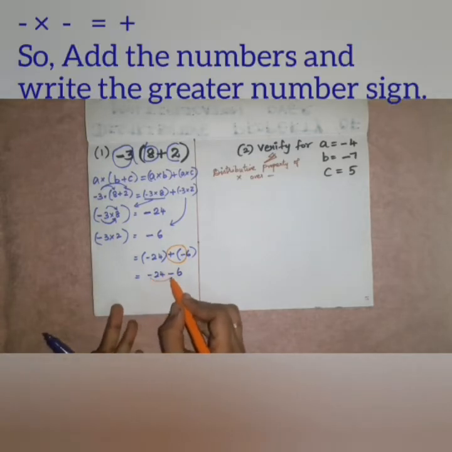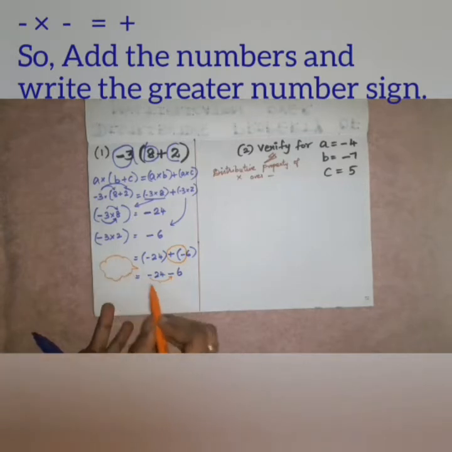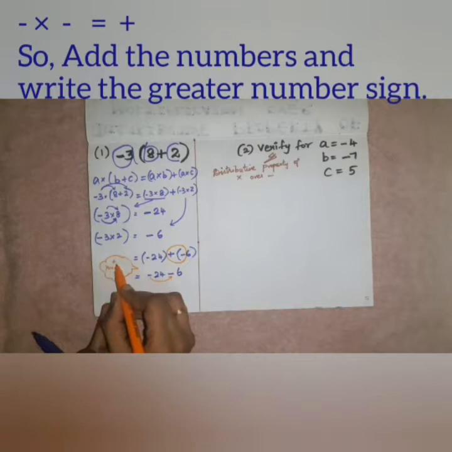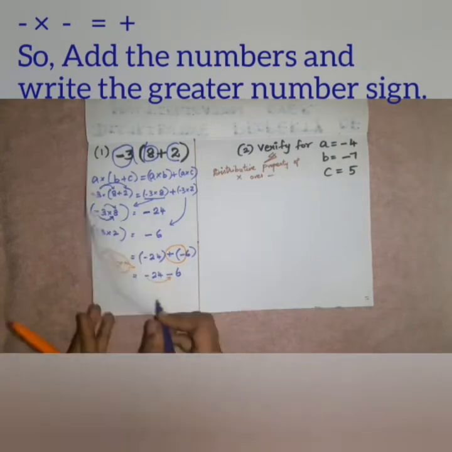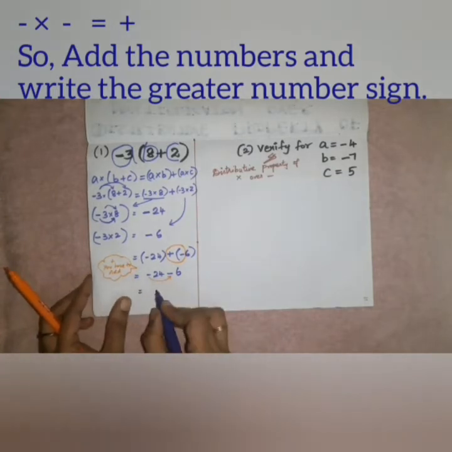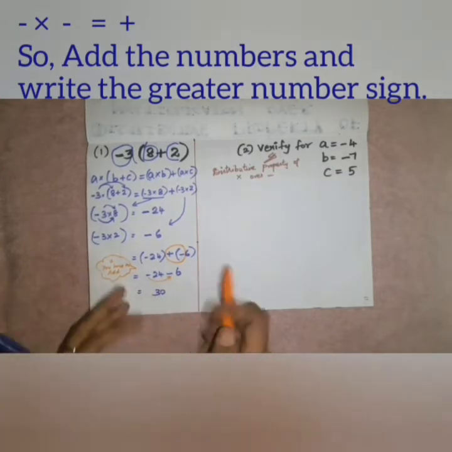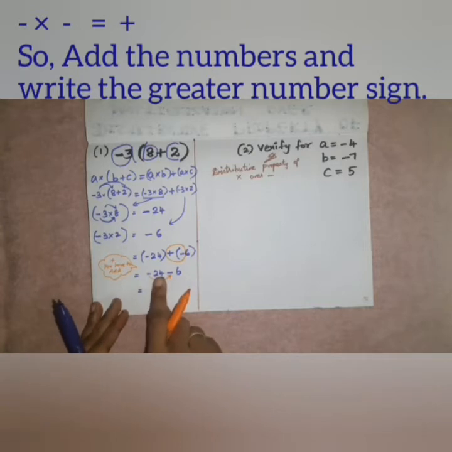Minus into minus is plus, so your brain should say that you have to add the numbers. Adding 24 and 6, you get 30.